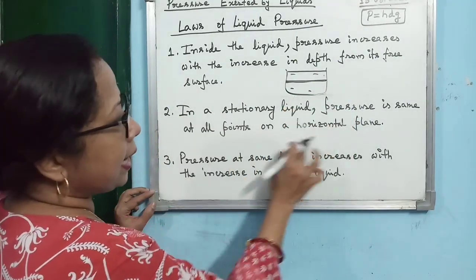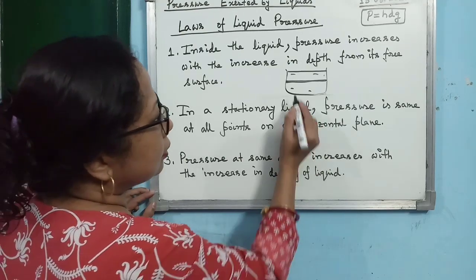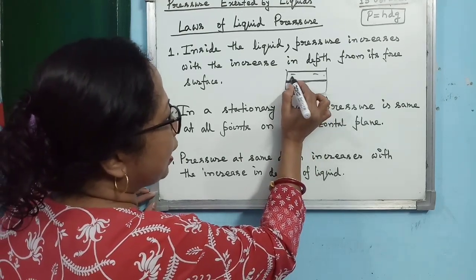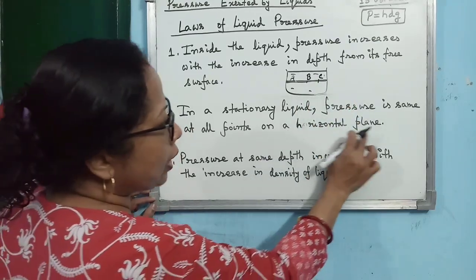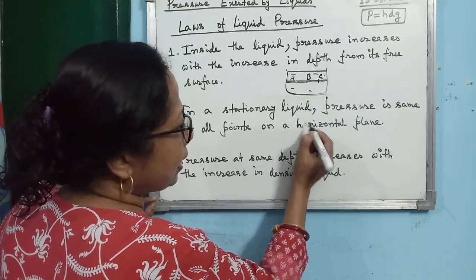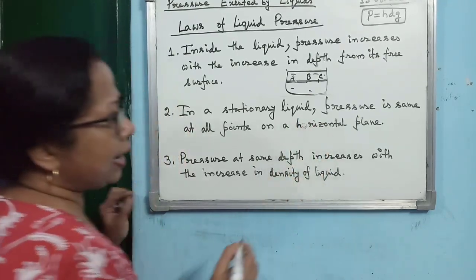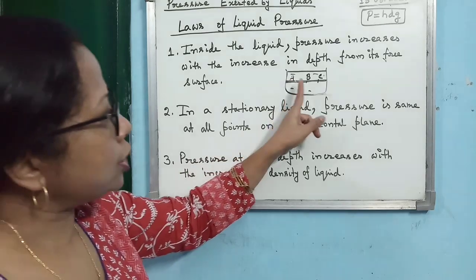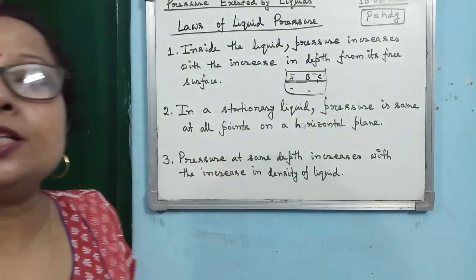Then what does the second law state? The second law states that if you take different points A, B and C on the same horizontal plane, then you will observe that pressure will be the same at all these 3 points.